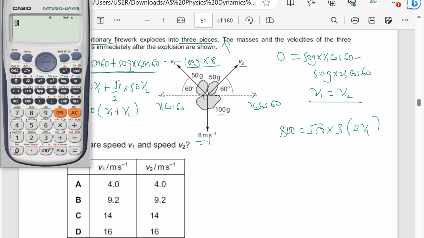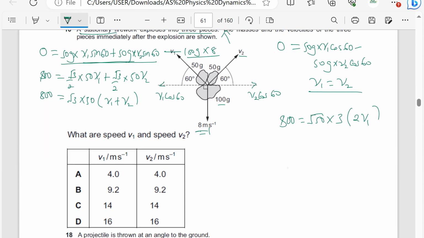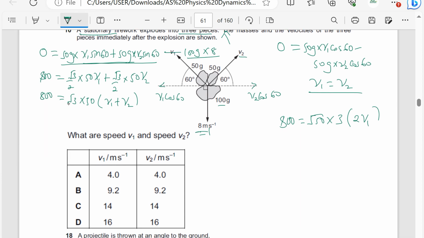Then 800 divided by the answer. No, I divided this by 2, so this is supposed to be 25, not 50.